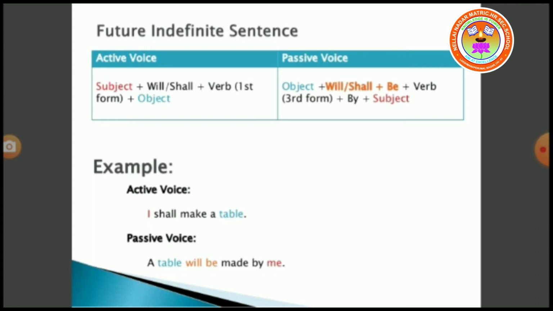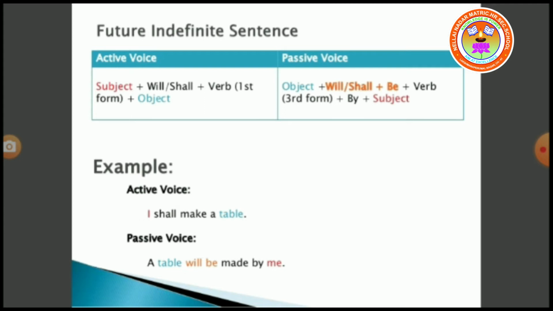In this future tense, we should add one more word, that is be, to the verb, because we cannot have third form of verb directly after the modals will or shall or can, any modal verb, can, could, may, might, must.